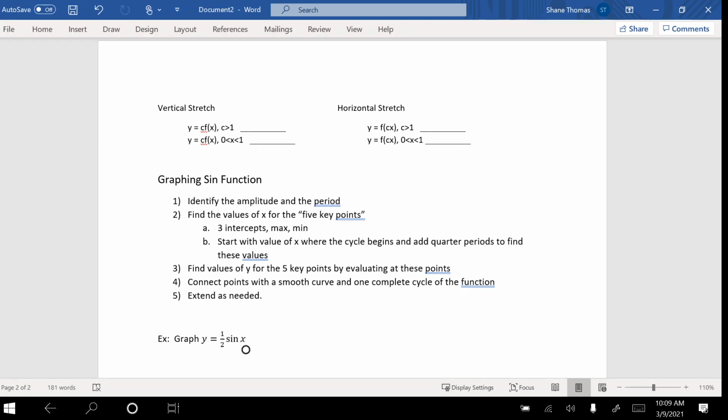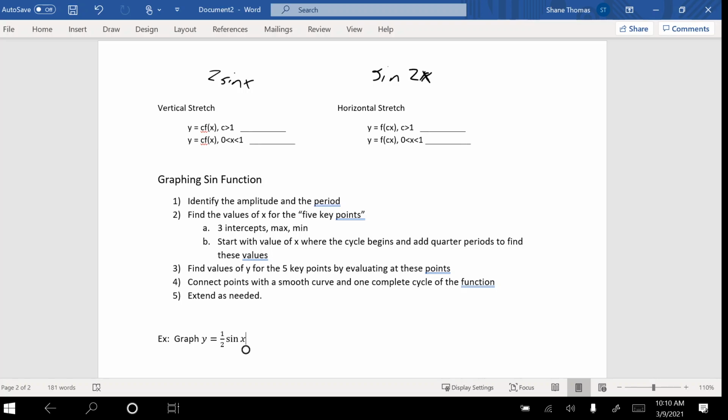So a vertical stretch, if I have this, I'm multiplying on the outside. All right. So this might be something like 2 sine of x, where over here it would be sine of 2x. Okay, those are the differences in the two. All right, if you want to write that, you can.